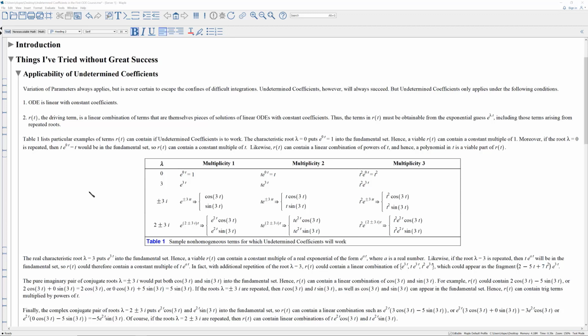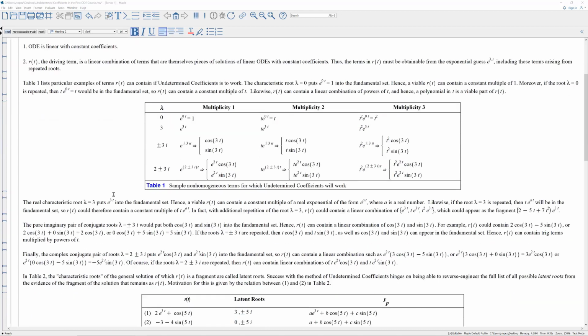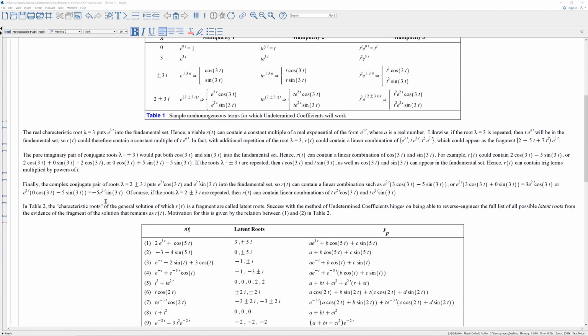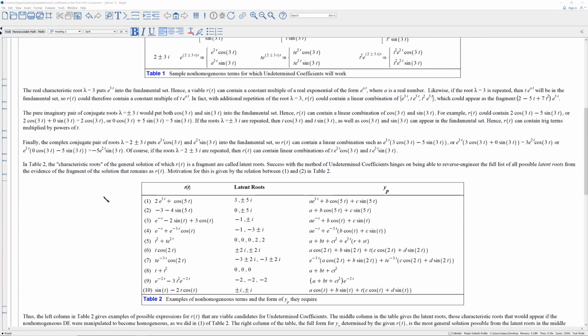So to this, I eventually decided to add table 2. In table 2, I introduced this term, latent roots. These are the roots that are hiding in that right-hand side. And so I created another bunch of examples.